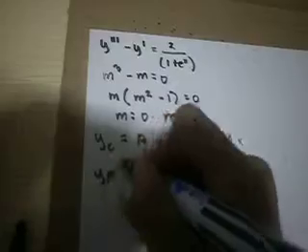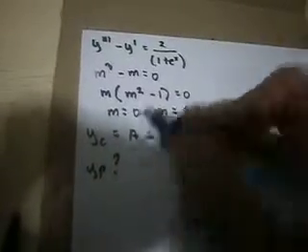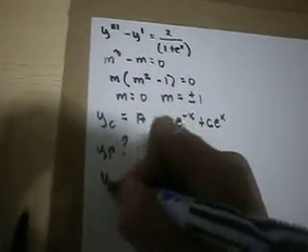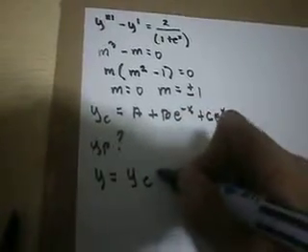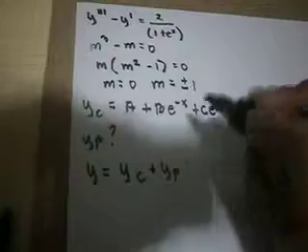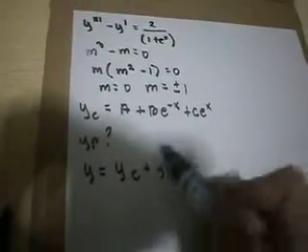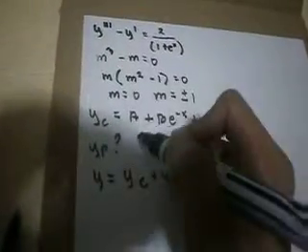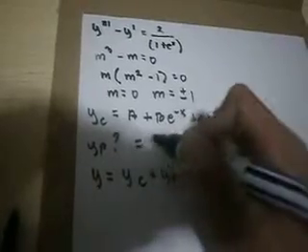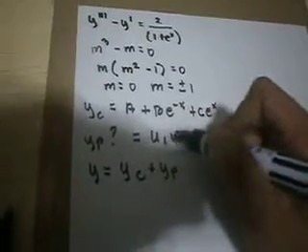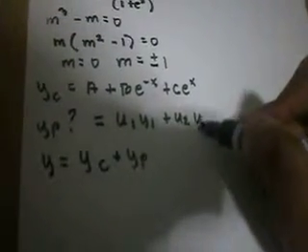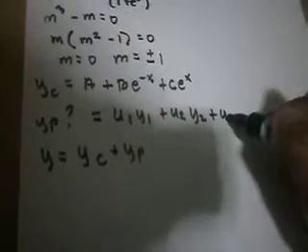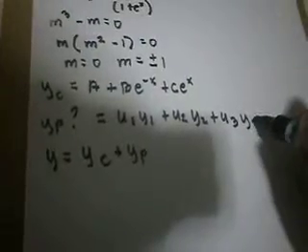Next, we need to find yp, in order to have our general solution, which is equal to yc plus yp. In order to find yp, we have the equation u1 y1 plus u2 y2 plus u3 y3.